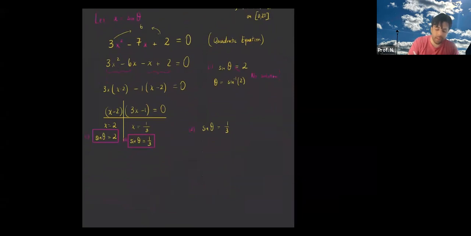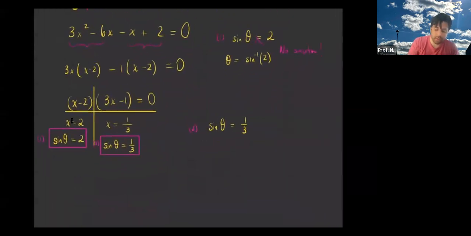And now what do I get for this? Sine theta equals 1/3. So theta is equal to sine inverse of 1/3, or arcsine, you can also write this as arcsine of 1/3.